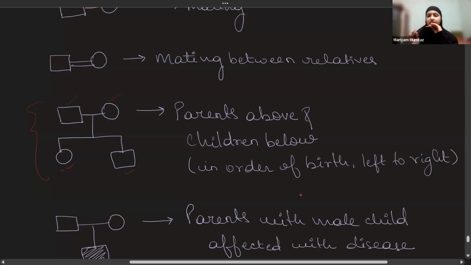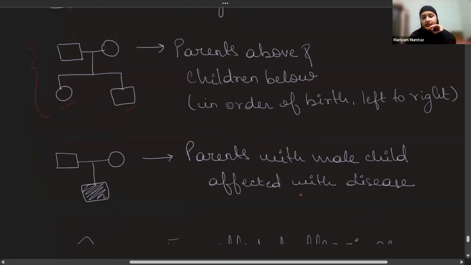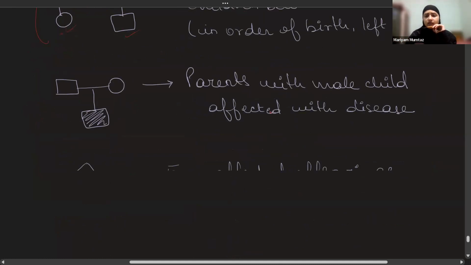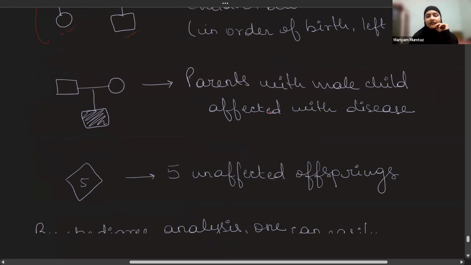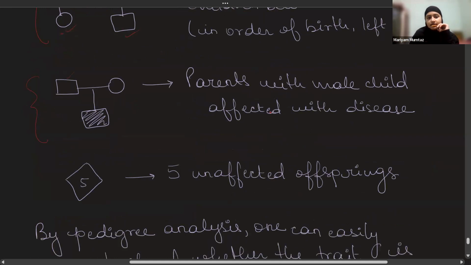Later on, if we want to represent that the male child of the parents is affected with any disease, this is how we will depict it. Here male and female, mating between them, and the offspring, a male, is affected with some sort of Mendelian disorder.